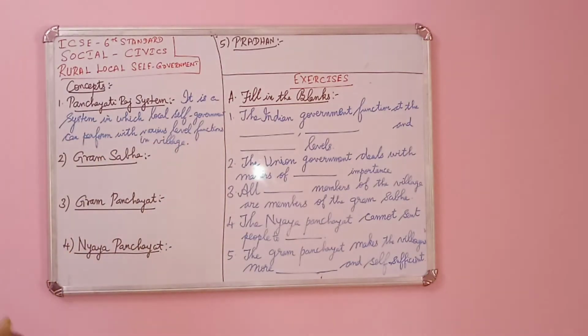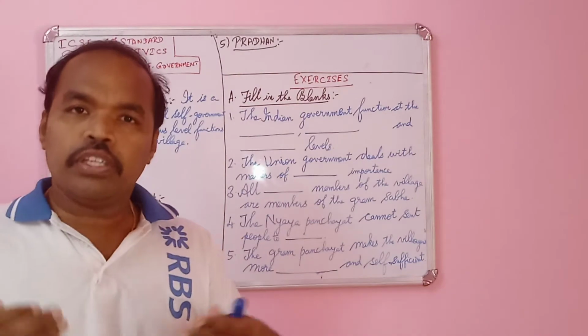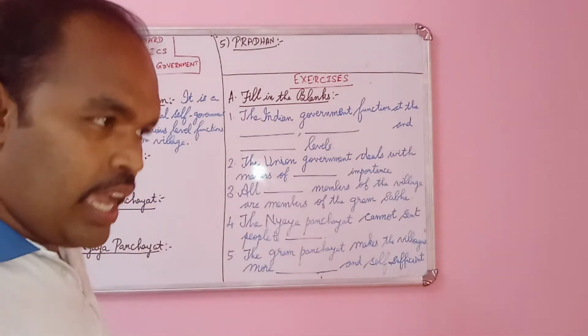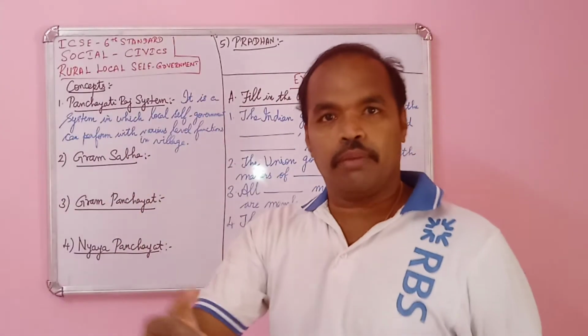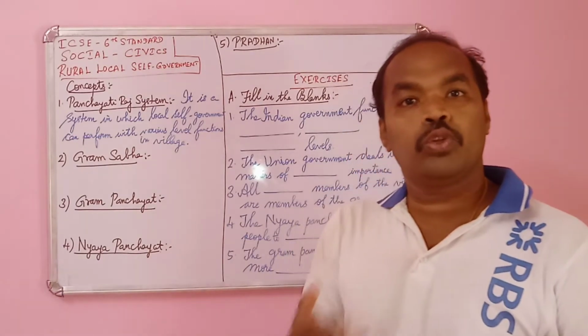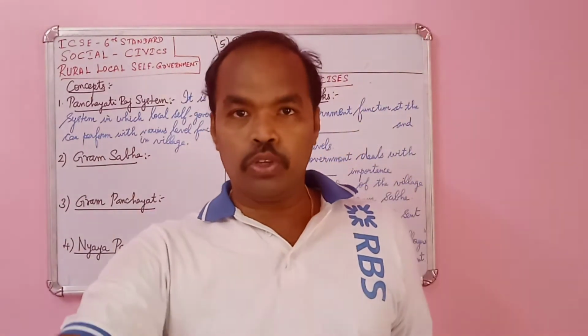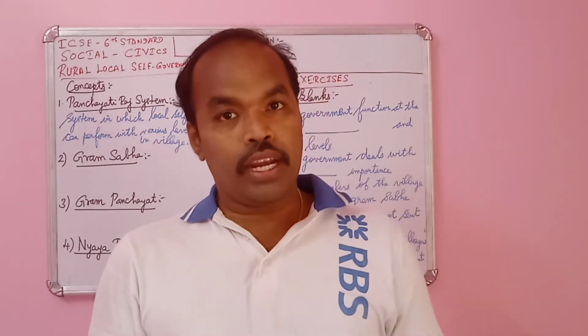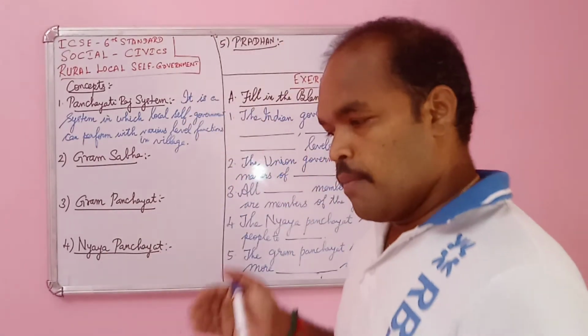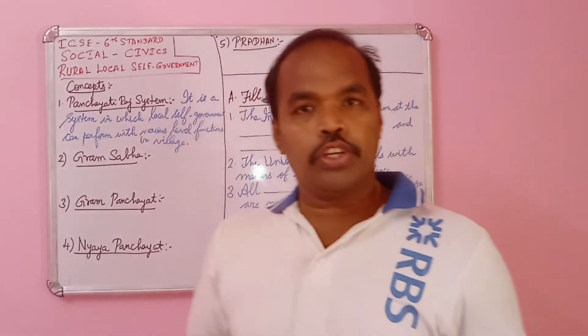That is, in a village, whatever functions there are, only through the panchayat Raj system, through the system of control with the panchayat Raj system, can we develop them. We can conduct the various level of functions and the schemes whichever we need.